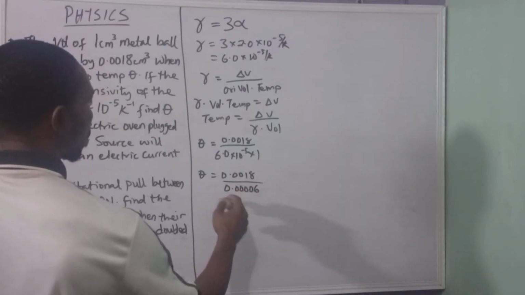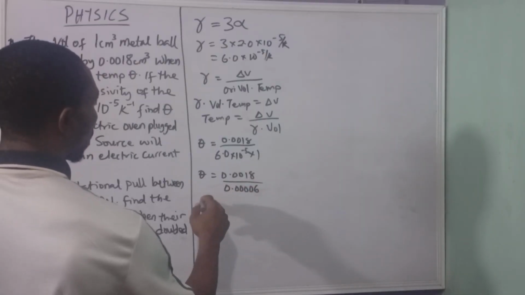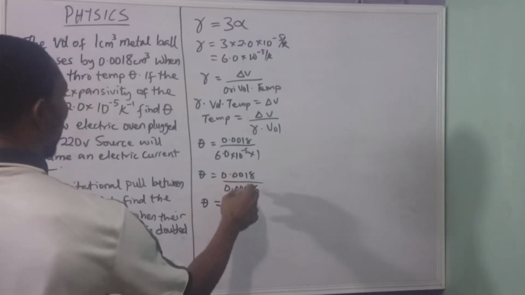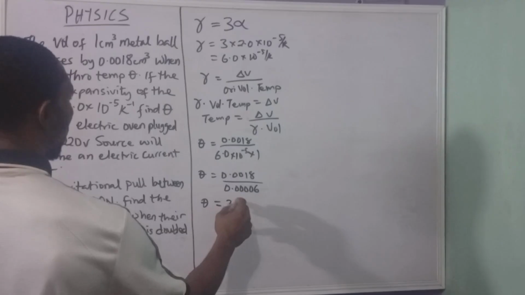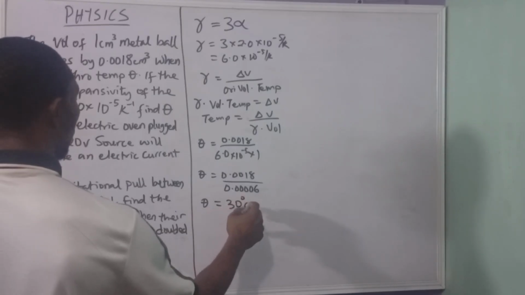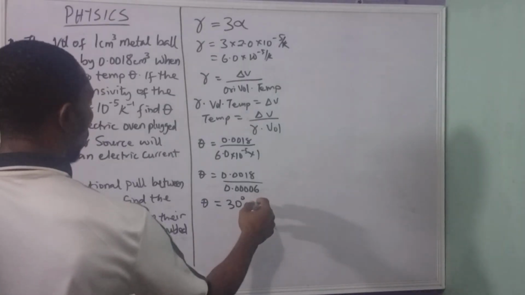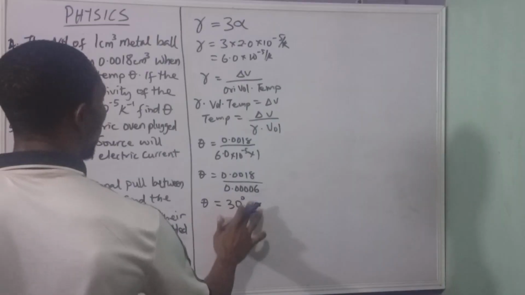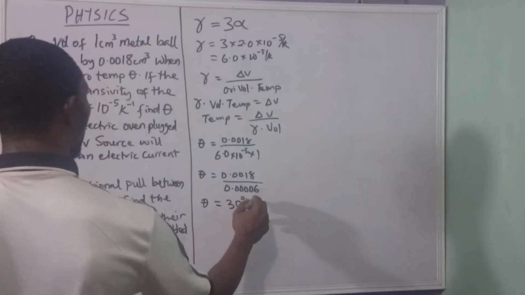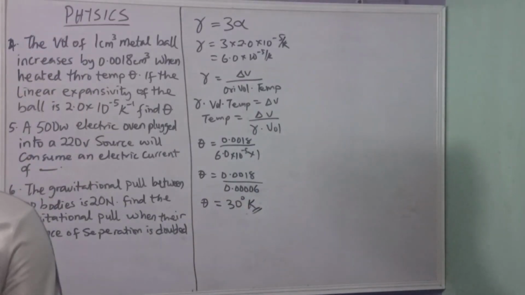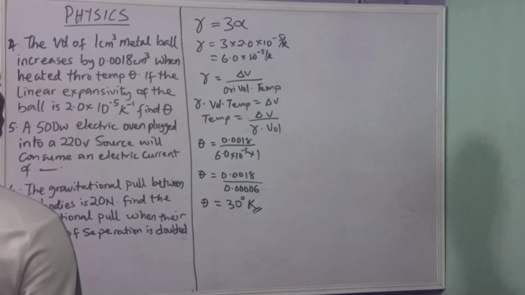This divided by this will give us 30 degrees Celsius. So our theta will be 30 degrees Celsius, or, since it's in Kelvin, 30 Kelvin. All right, that would be our theta.